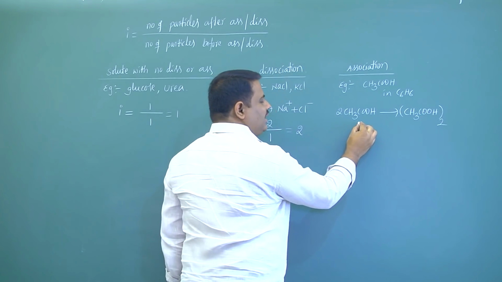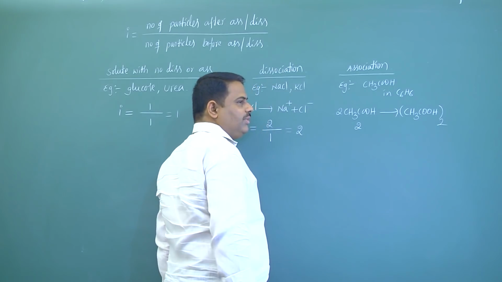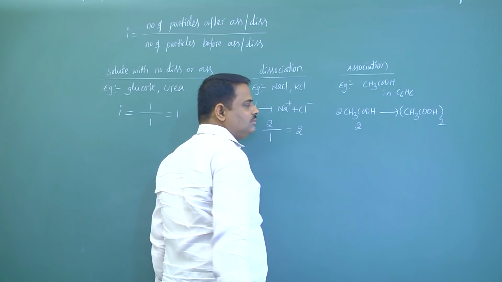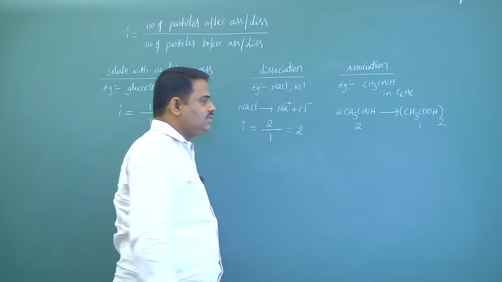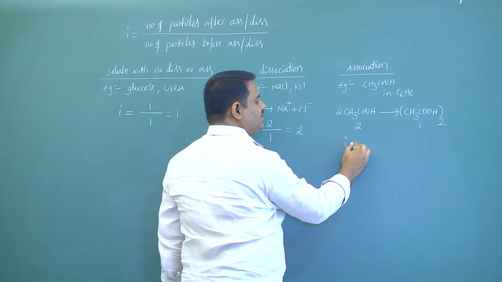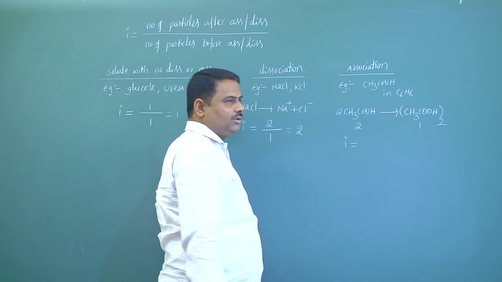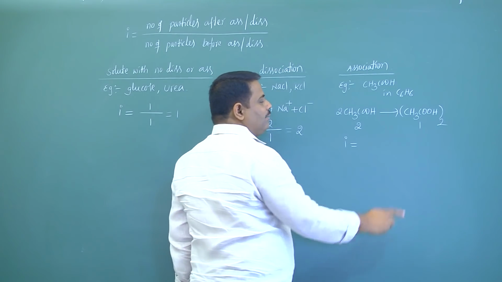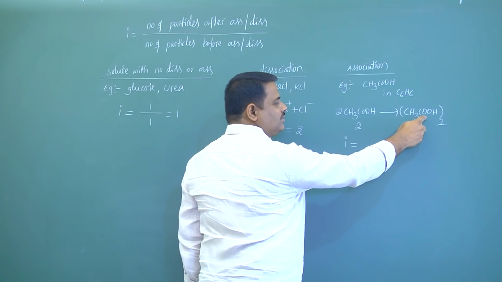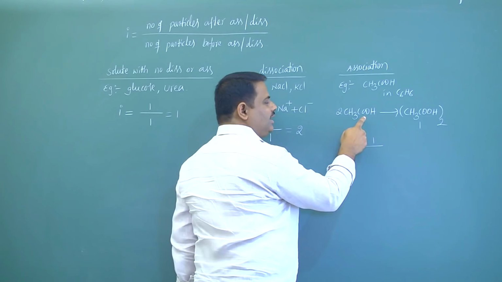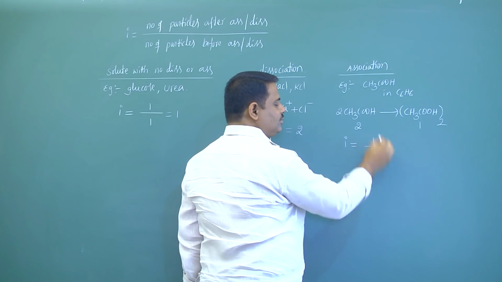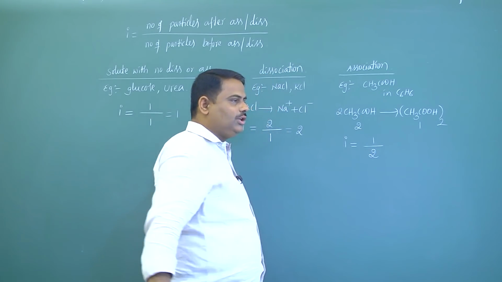Here the number of particles before association is 2, after association 1. That's why the Van't Hoff factor i is equal to the number of particles after association, 1, and before association, 2, that's why here the i value is 1 by 2.